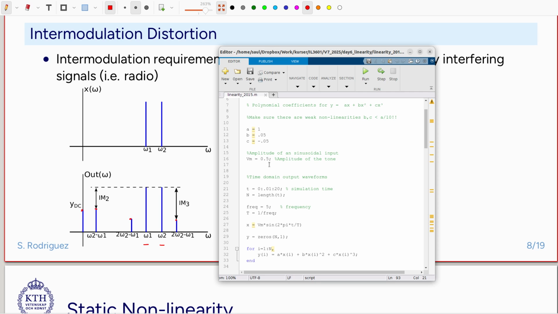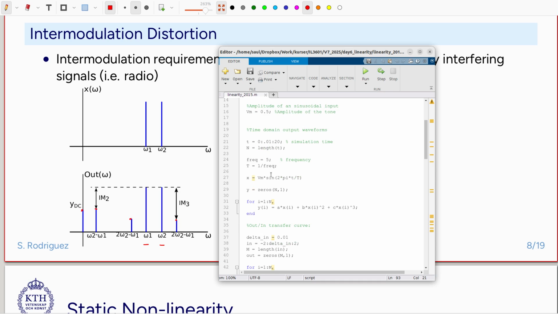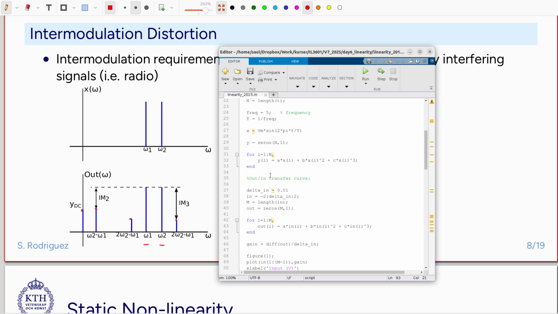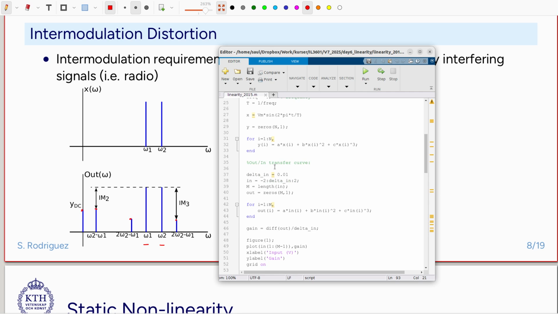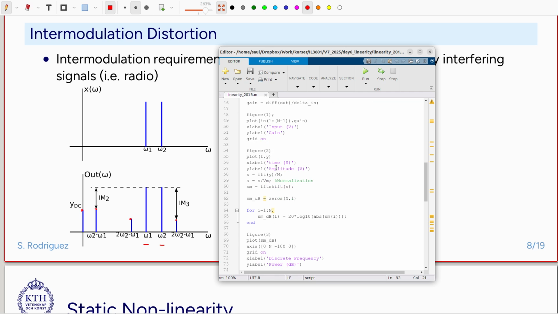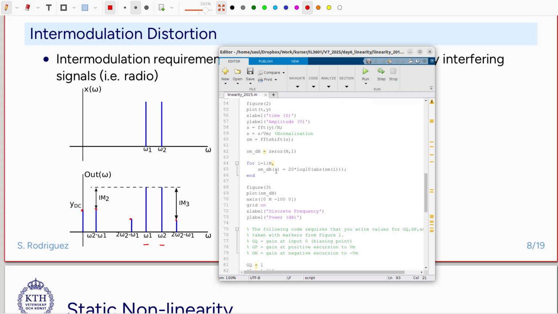I put just an amplitude of 0.5, and then I will pass a sinusoidal wave to this nonlinear system, and we are going to analyze the distortion both with the transient simulation and with the equations that we have just shown you.